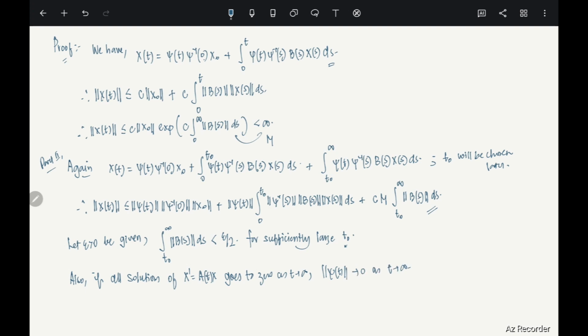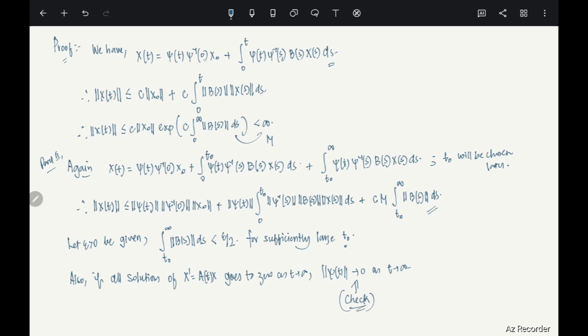Why? You remember x1, x2, xn, what does phi t consist of? x1, x2, xn, right? And each of x1, x2, xn has to go to 0 because all solutions are going to 0. x1, x2, xn, those are solutions. So they have to go to 0, right? So if they go to 0, then you can show that the norm will also go to 0. Okay. So please check this part again.